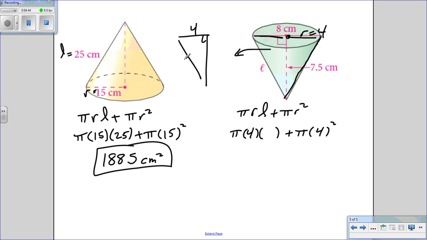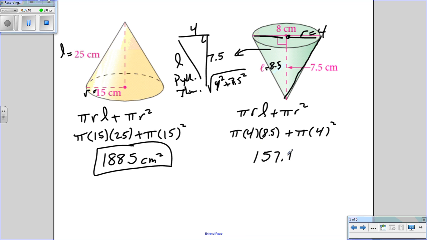That's 4. This is my slant height. And this is 7.5. So again, we're going to use Pythagorean theorem to figure that out. So it's going to be 4 squared plus 7.5 squared, and then we're going to square root that. If you do that right, you get 8.5 as a slant height. Now when we calculate that out, we get 157.1 centimeters squared.